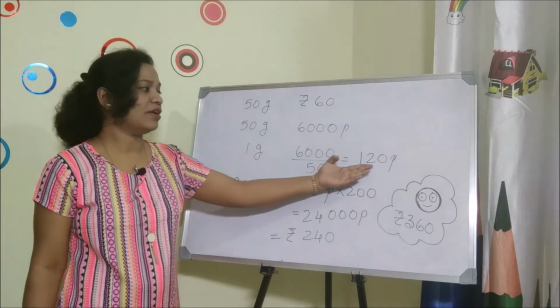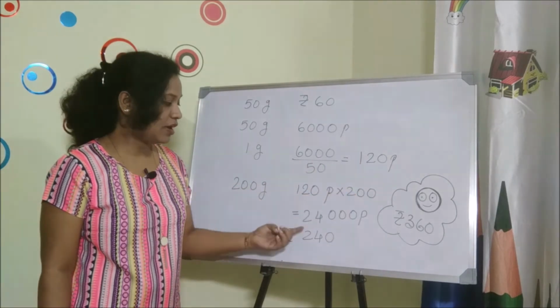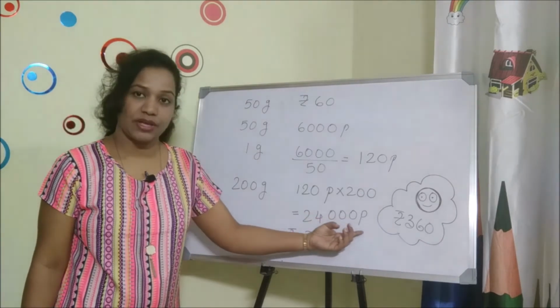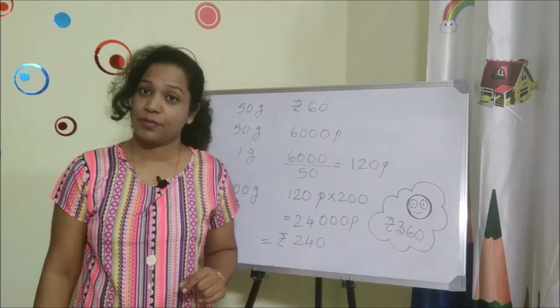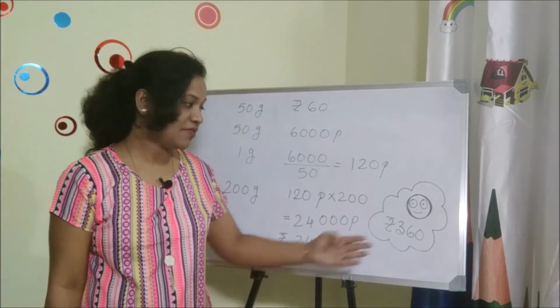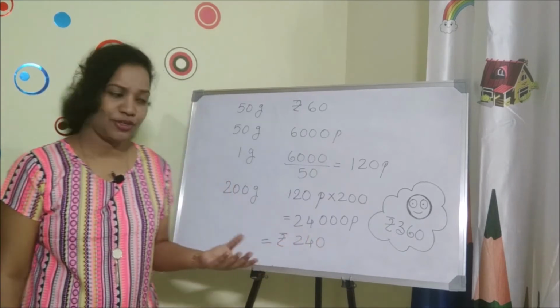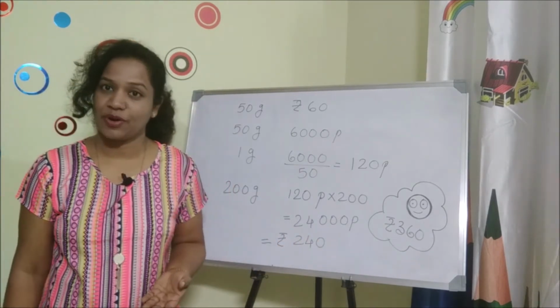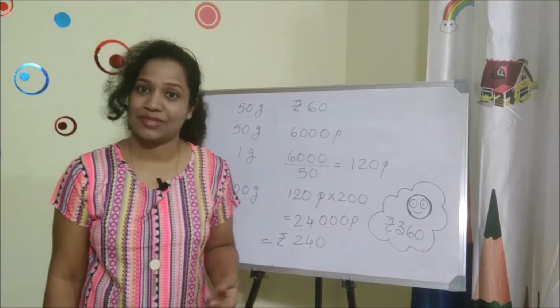It should be 120 into 200. When we do that, we get 24,000 paise, which is equal to 240 rupees. But the company is taking 360 rupees from us.